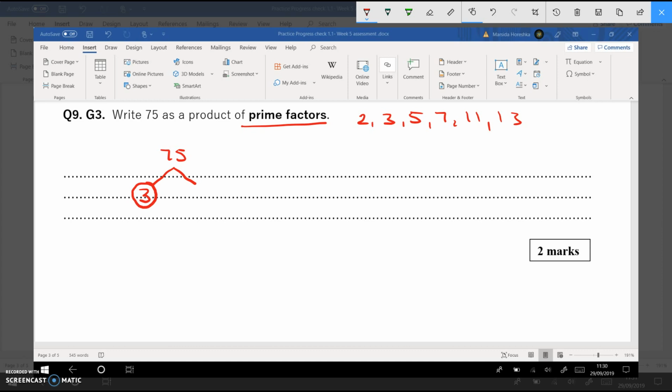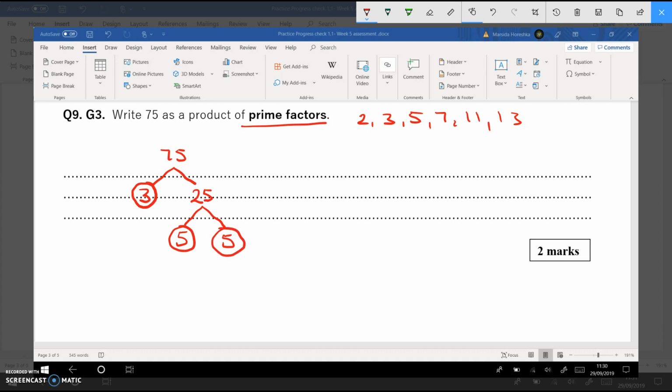So how many 3s would fit into 7? That would be 2 of them, and there is 1 remaining. Into 15, that would be 5. So 3 lots of 25 gives us 75. Now I won't circle 25 because it's not a prime number. 25 can be written as 5 times 5, and 5 is a prime number.